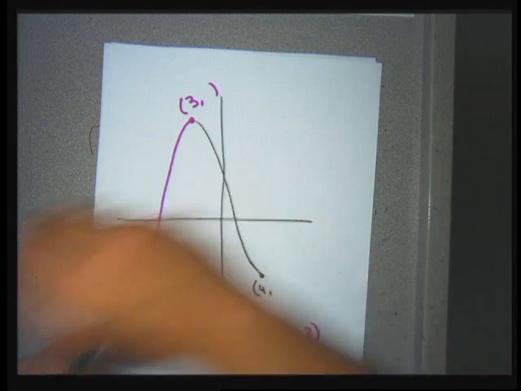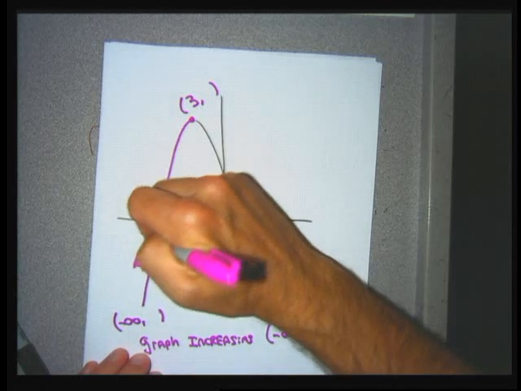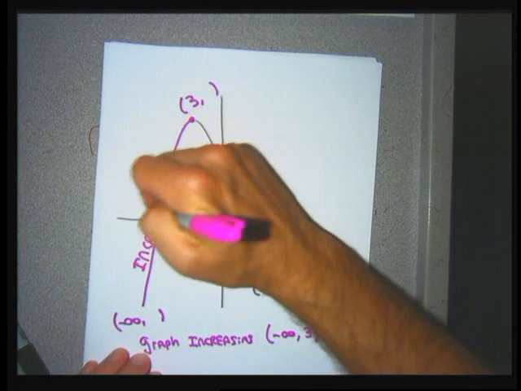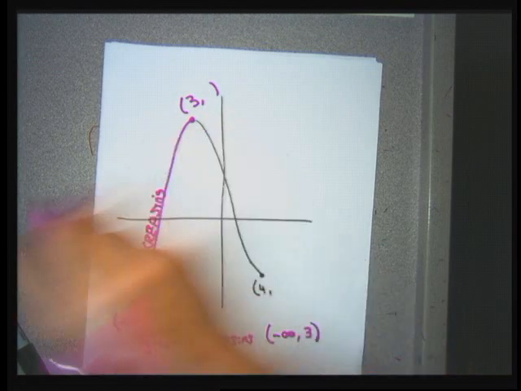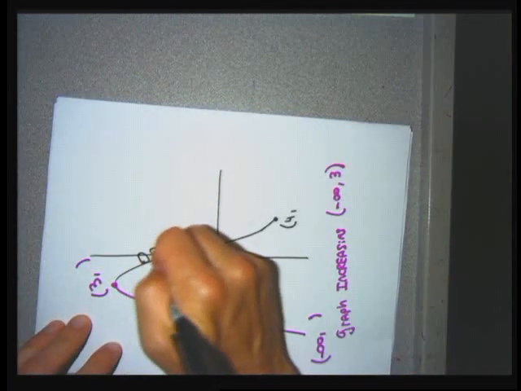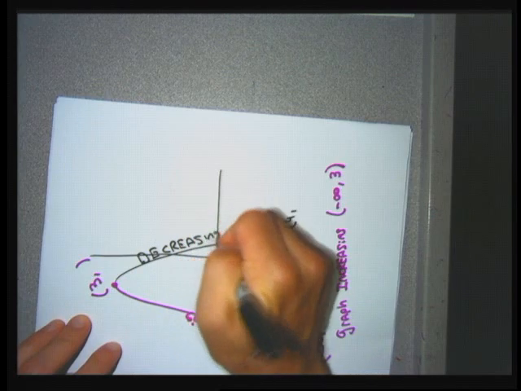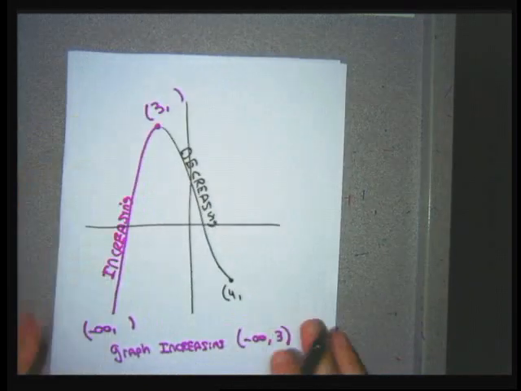So this portion of the graph, as I move from left to right, the graph is getting higher. This region of the graph, as I move from left to right, the graph is going lower. So for that region of the graph, I say the graph is decreasing.